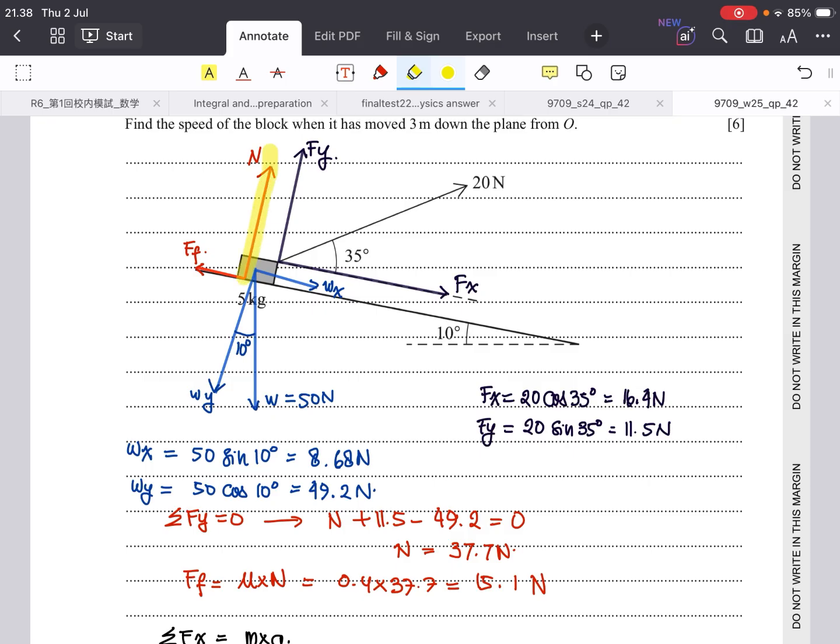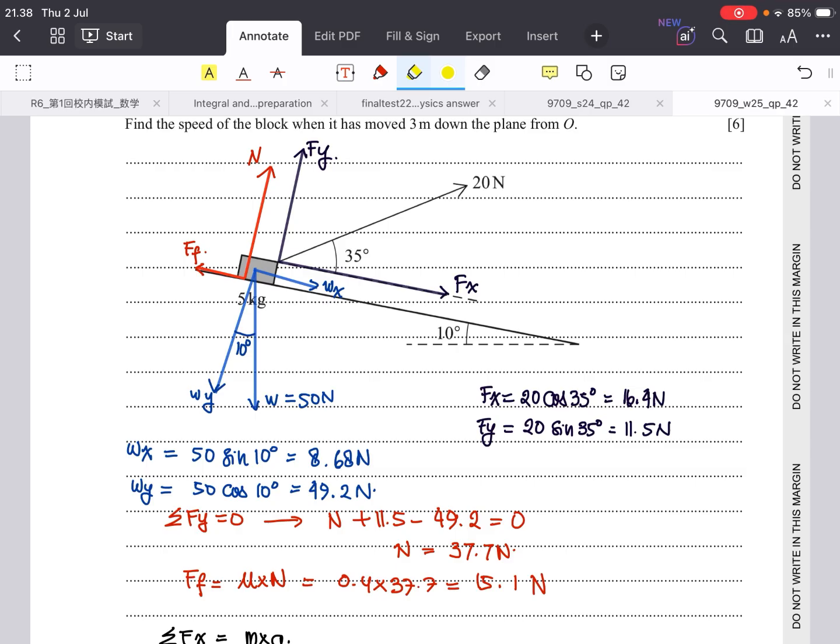And then N in positive y direction plus Fy also in positive y direction, minus Wy, because Wy is in negative y direction, is equal to 0. So the normal contact force between the block and the plane is 37.7 newtons.